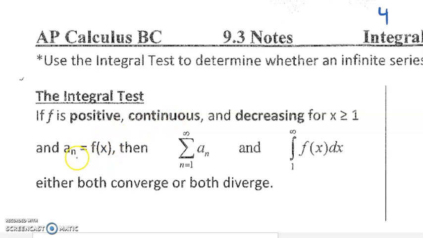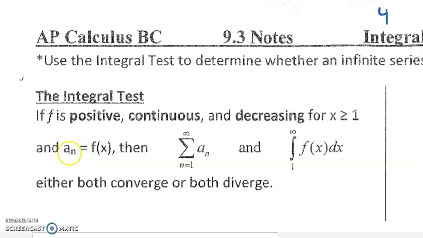We're going to say that if the sequence is equal to a function, remember that the only difference between these guys is that x is a continuous variable, whereas n is a discrete variable that we only allow to be discrete values of integers, positive integers normally.